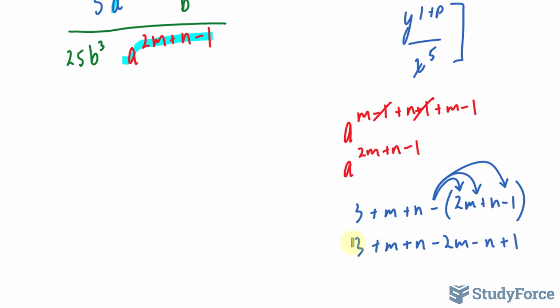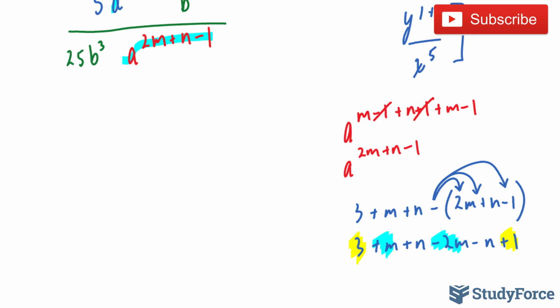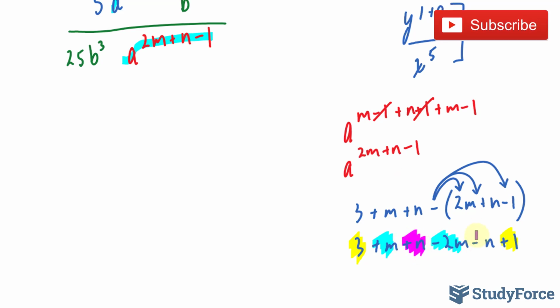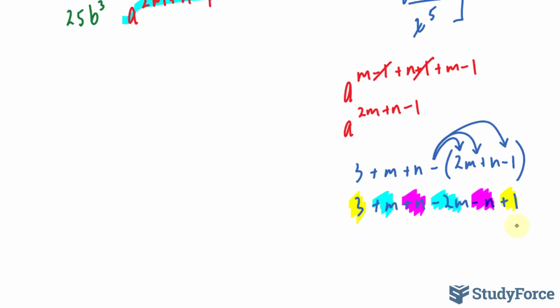Let's combine like terms. 3 will be combined with 1. M will be combined with negative 2m. And n will be combined with negative n, giving us 3 plus 1 is 4. M plus negative 2m gives us negative m. Positive n minus n gives us 0.